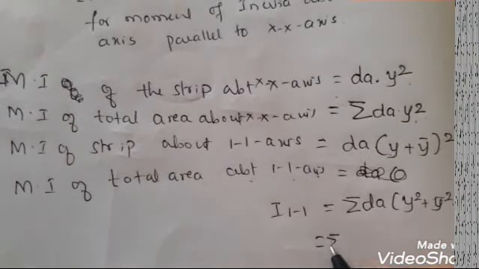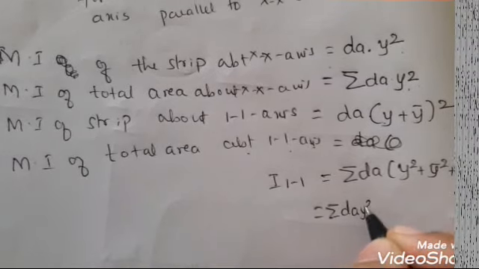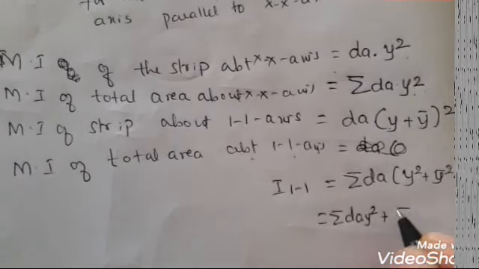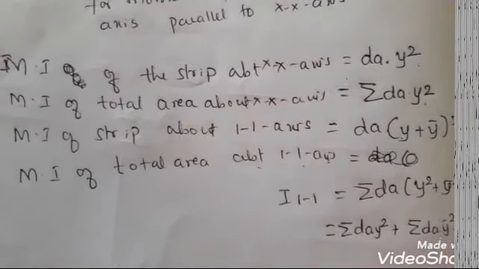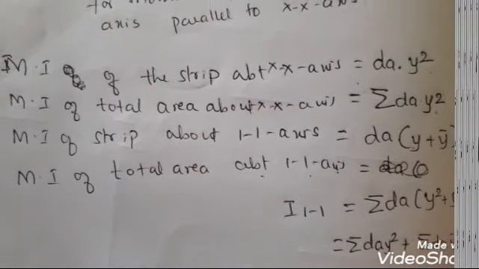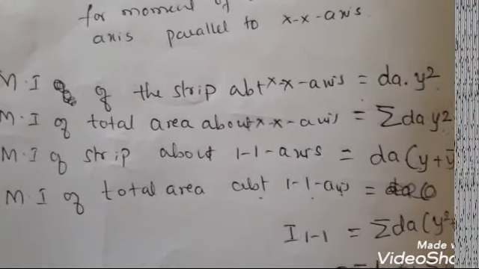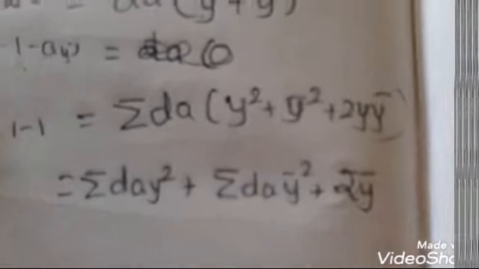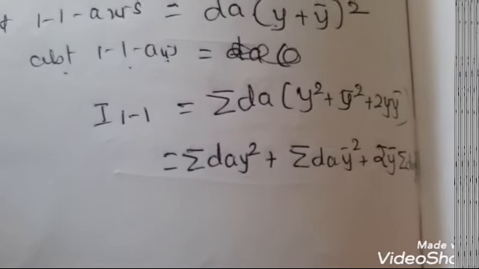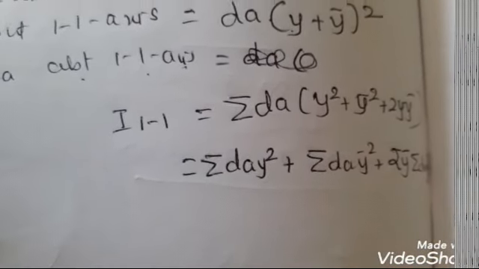This can be written as the summation of dA y square plus the summation of dA y bar square plus 2 y bar into the summation of dA into y.